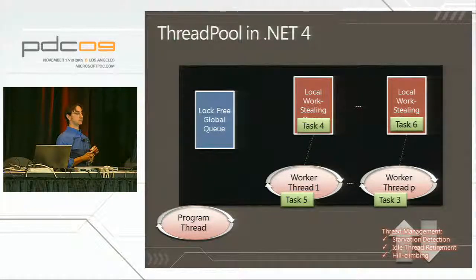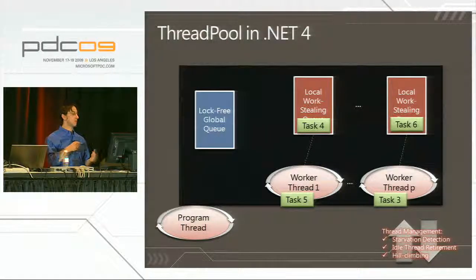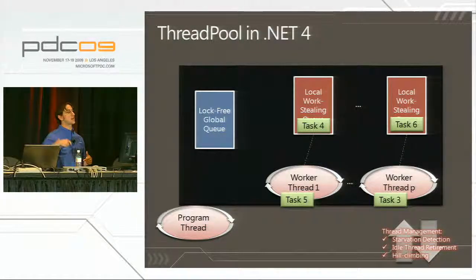That's correct. Why doesn't thread 1 need to take a lock when it needs to take something out of the queue? So the question was, why doesn't worker thread 1 need to take a lock, even though other threads may need to access this queue? If worker thread 1 was accessing from the same side of the queue that everyone else does, it would.